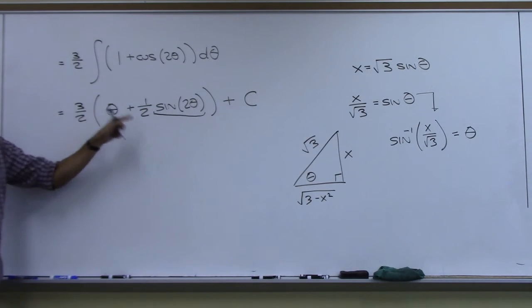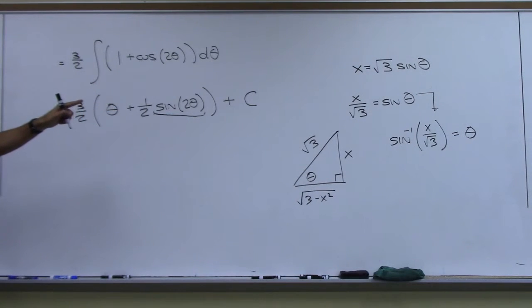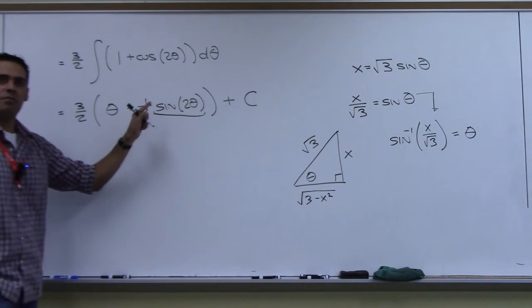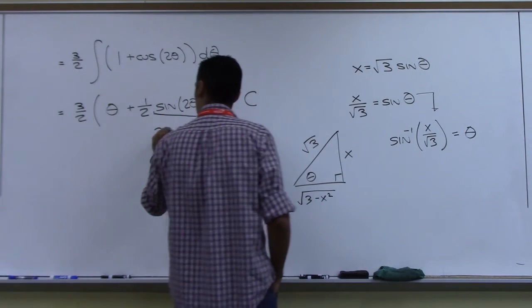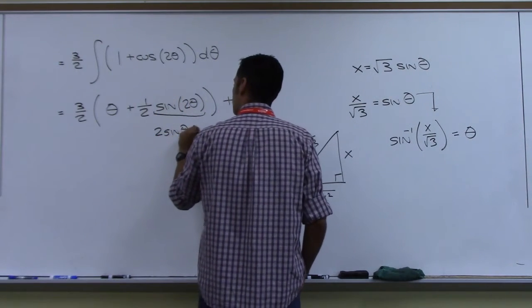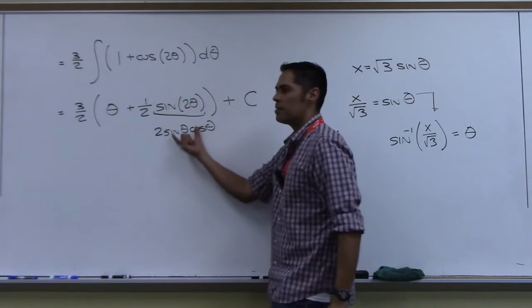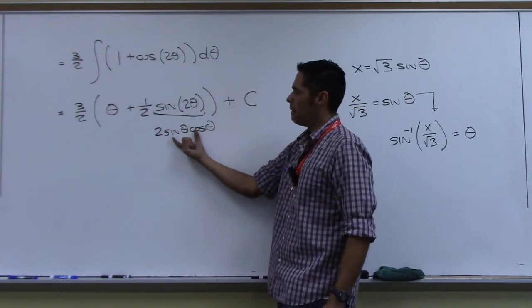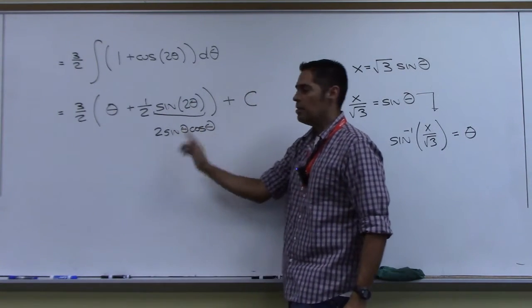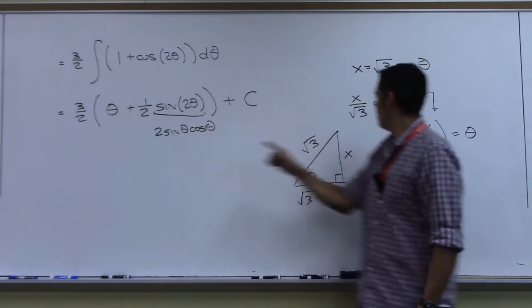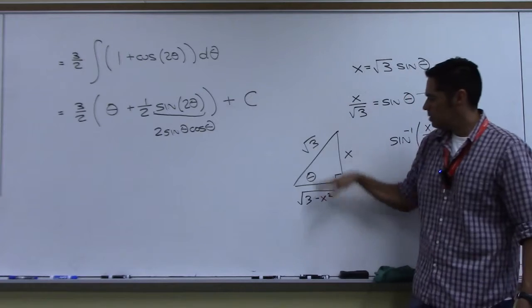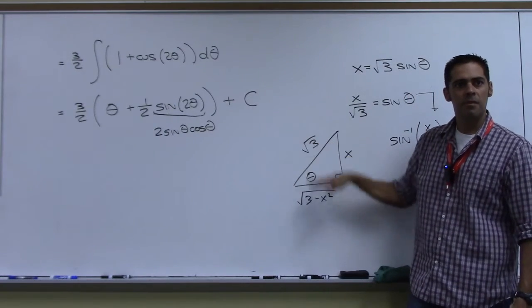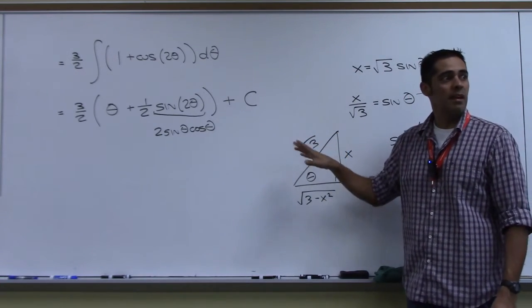That's really 2 sine theta cosine theta, isn't it? That's what this is. And then the 2 and the half are going to cancel. Do you know what sine theta is? Yes, and you know it off the triangle. Do you know what cosine theta is? This right here, adjacent over hypotenuse. So we have everything we need.